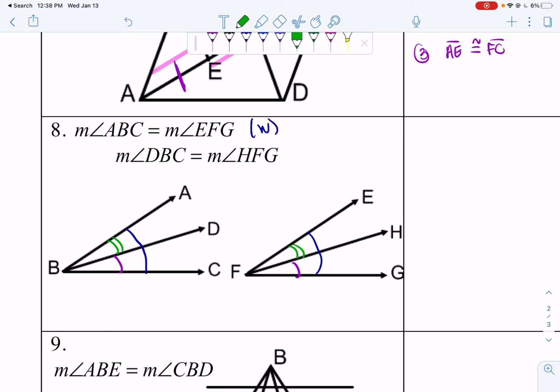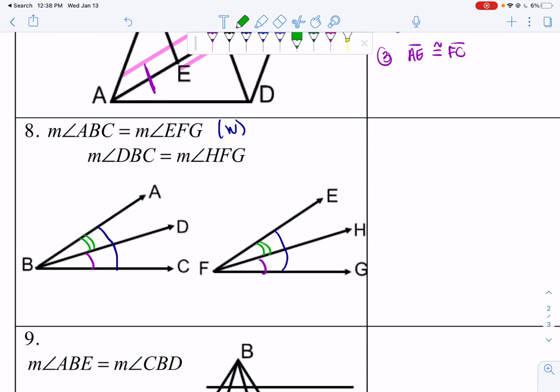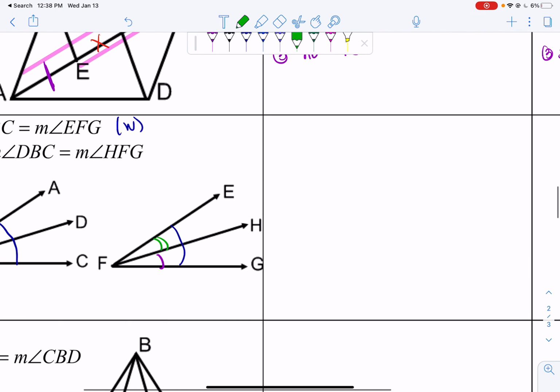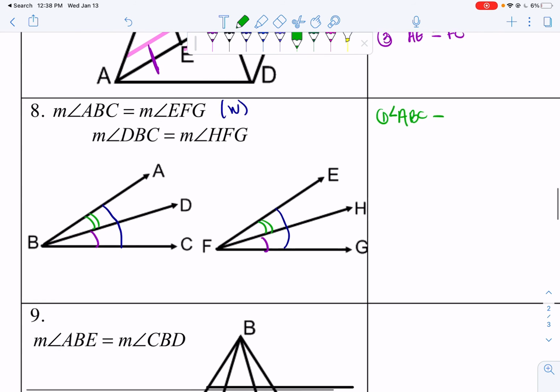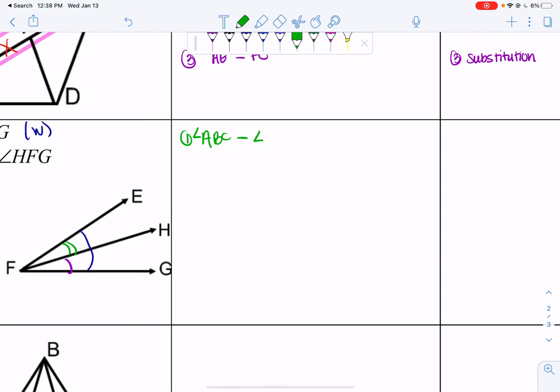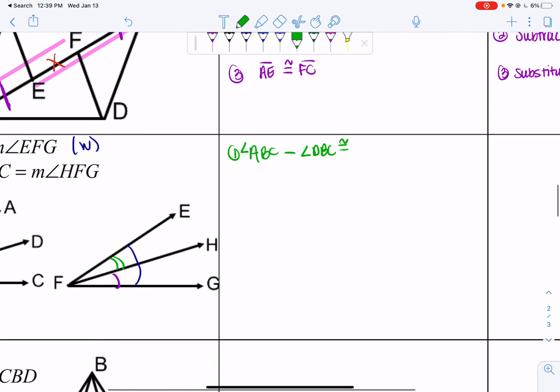So let's do it. I can do my whole minus my part, so I can do angle ABC minus angle DBC, and that will give me angle ABD.